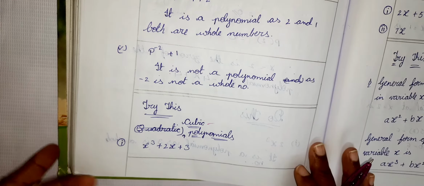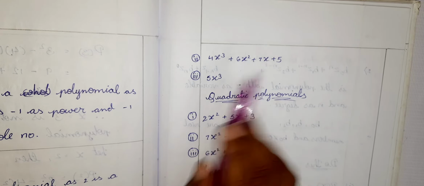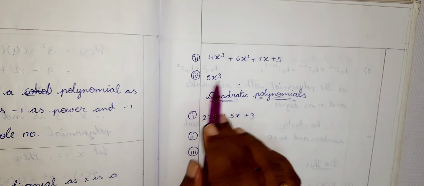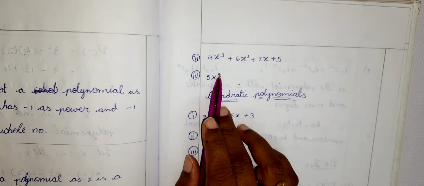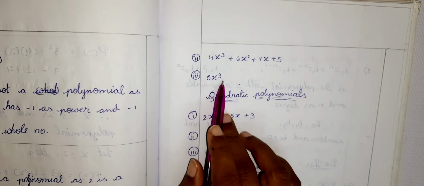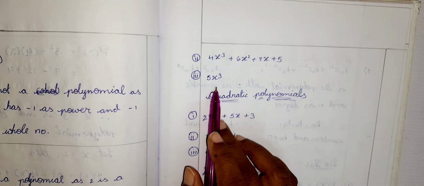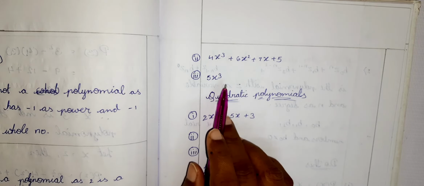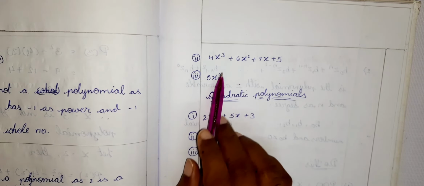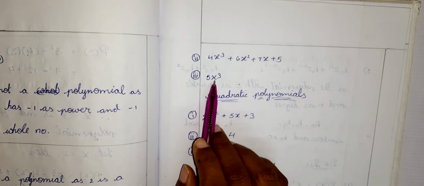Other examples are 4x cube plus 6x square plus 7x plus 5. 5x cube is only a single term, and this is a monomial with only one term. If two terms are there, it is a binomial. If three terms are there, trinomial. And here the degree of the polynomial is 3, therefore it is called a cubic polynomial.